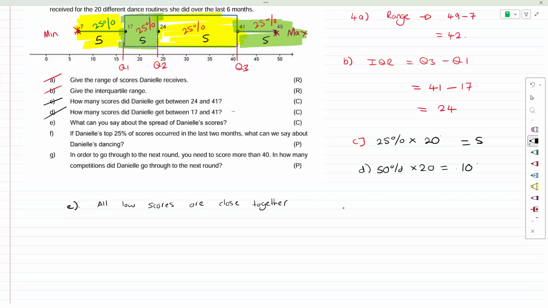So you can say the low scores are close together and all the good scores are far apart. So it means she started off very, very badly, and then she slowly got better and better. But yeah, the low scores are close together and the high scores are spread apart.